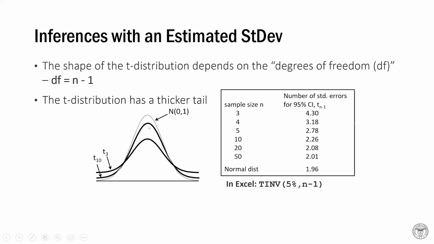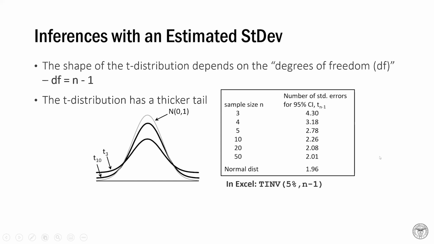As sample size increases, however, the t distribution approaches the standard normal distribution. The shape of the t distribution depends on the degrees of freedom, df, which is given by n minus 1.